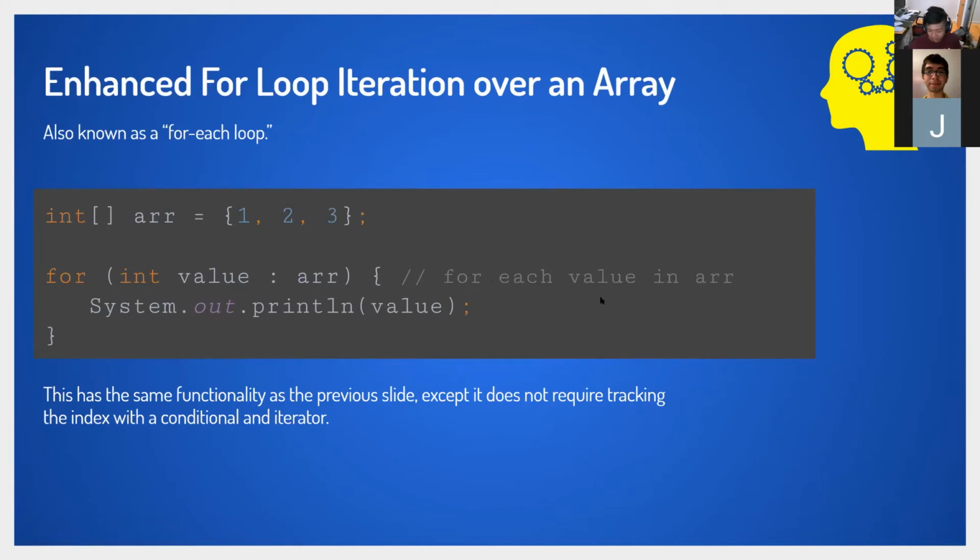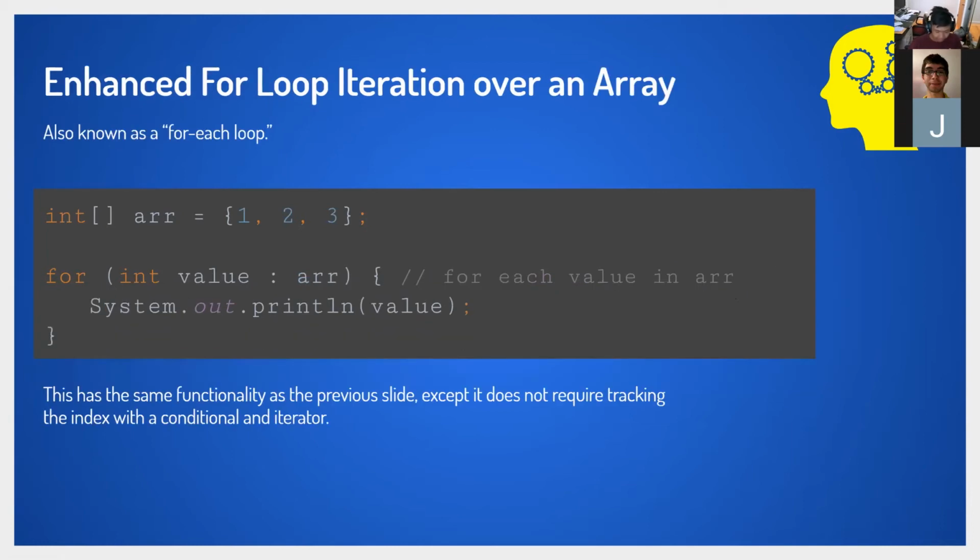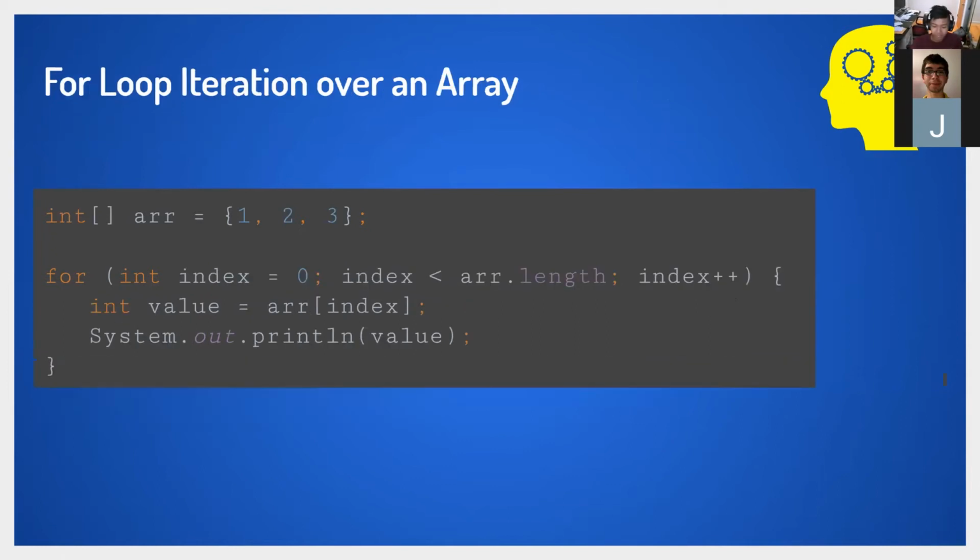So for each value in arr, we can just print it out. It does the exact same thing as the previous one, but you don't need to track the index or use a conditional and an iterator. Java will do that for you. Okay. So for simple operations where all you have to do is go through it and do something, I would recommend using this. But if you need that index, you have to keep track of the index. That's when you might want to use a traditional for loop.